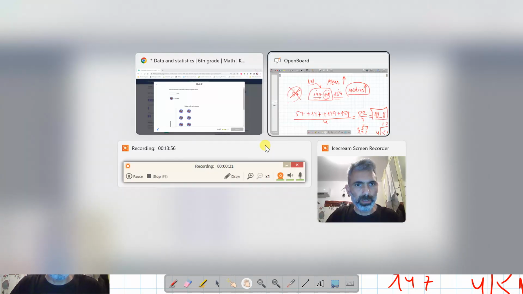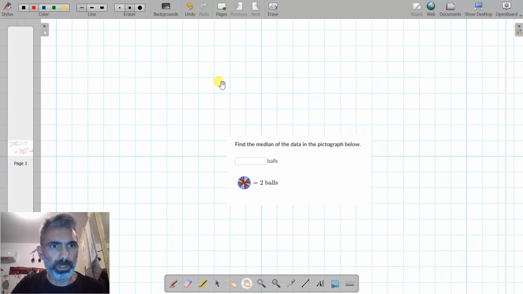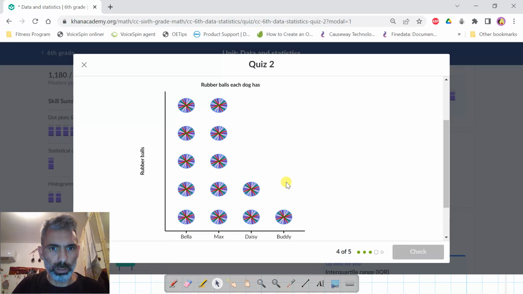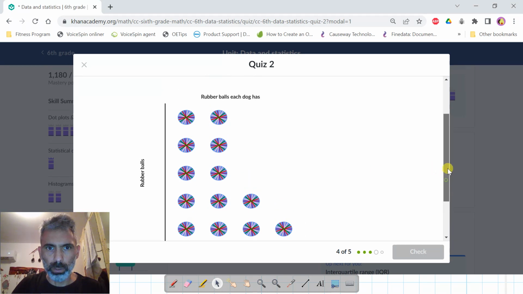Okay, so let's first copy the question to the board. Find the median of the data in the pictograph below. Each symbol of a ball equals 2 balls. Let's check the pictograph.